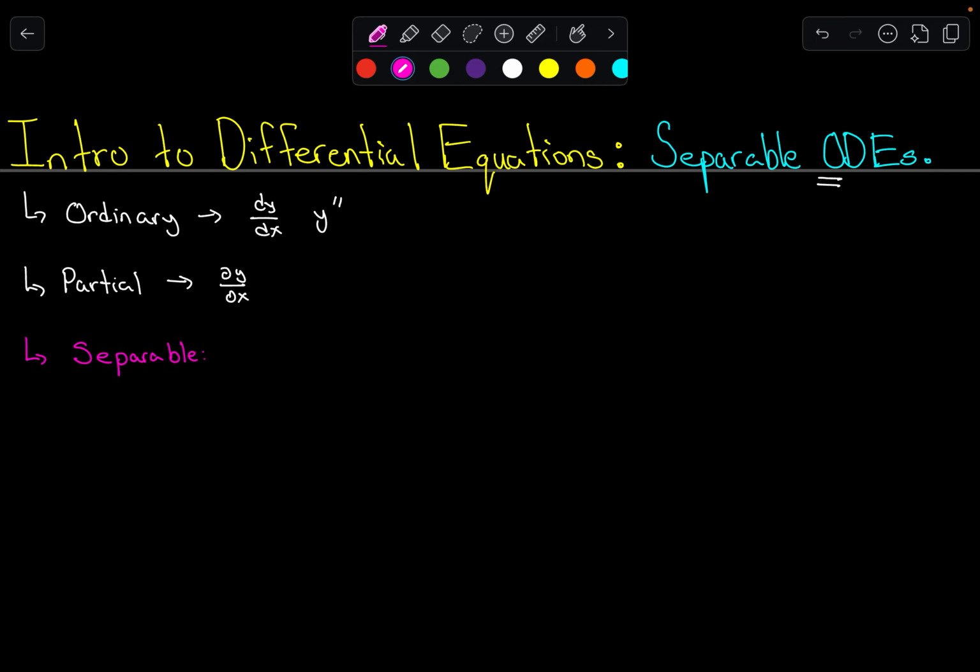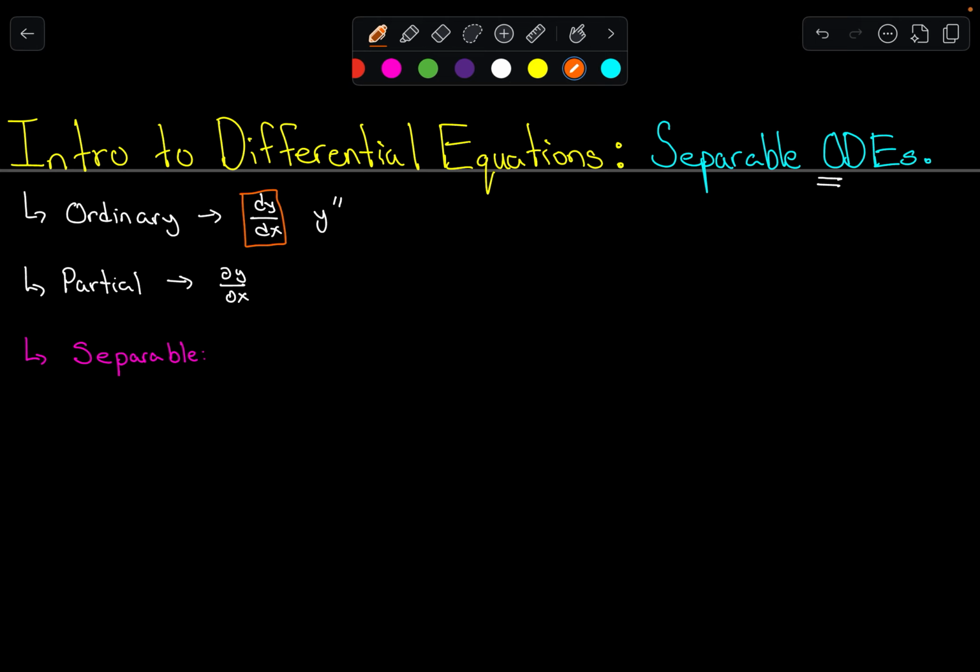A separable differential equation is a little bit tricky to define, in my opinion, but I'll try to shorthand it. The idea is that a differential equation is separable if we can get it in this particular form. For now, we're going to stick with ordinary differential equations and the variables y and x, just not to make anything confusing.